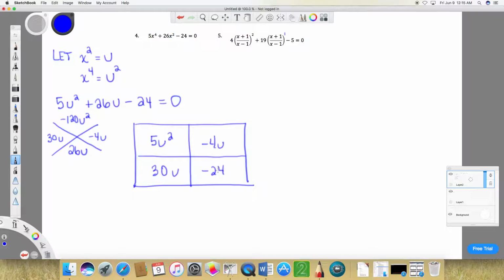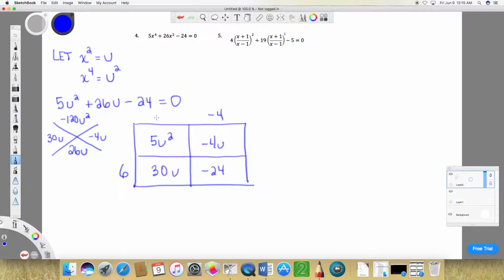I can see that a negative 4 is common to both of these, and I can see that a 6 is common here, and positive 6 times a negative 4 is negative 24.